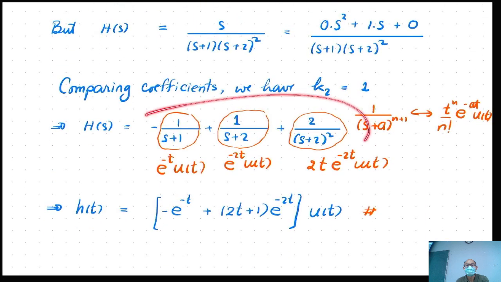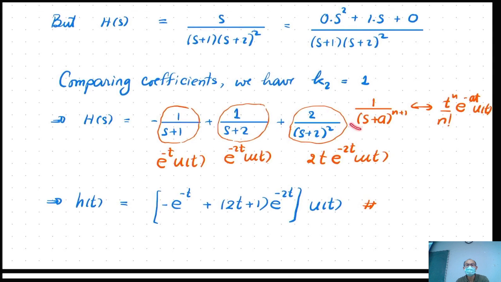Now, once we have all the terms here, we can take the inverse Laplace transform by recognizing that this term corresponds to e to the negative t u(t), and this term corresponds to e to the negative 2t u(t). For the last term, we have to use this formula here.